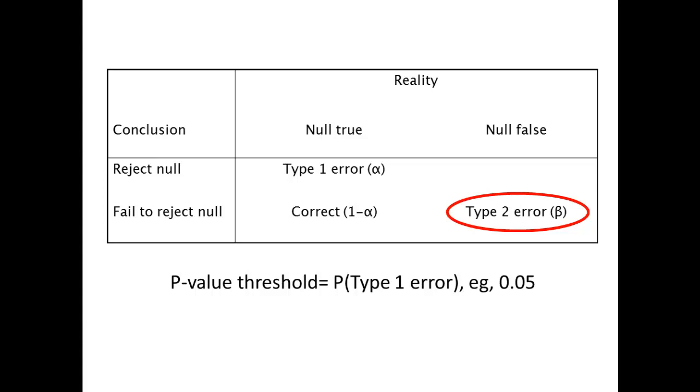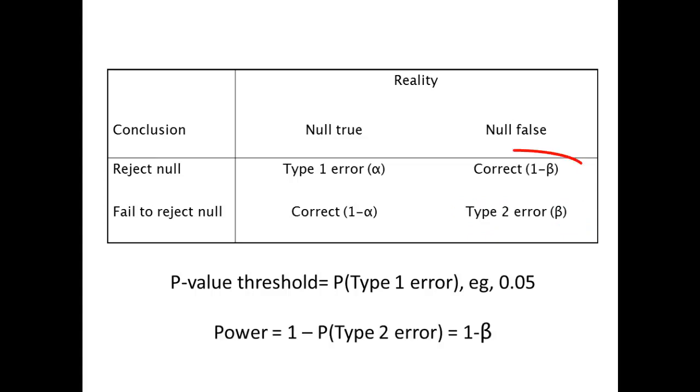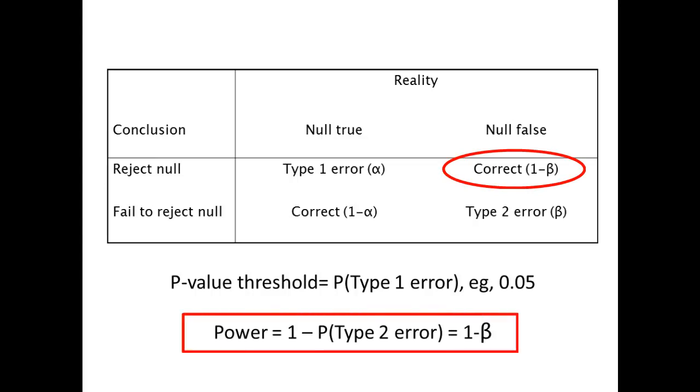So beta is the chance of making a wrong decision. Its complement is to make the right decision when the null is false. That's correctly rejecting the null when it's false. And this is equal to 1 minus the probability of a type 2 error, or 1 minus beta. And this is called the power of a study.